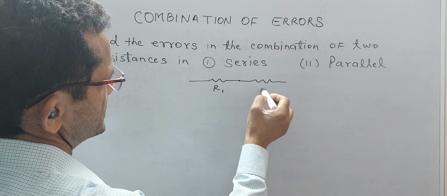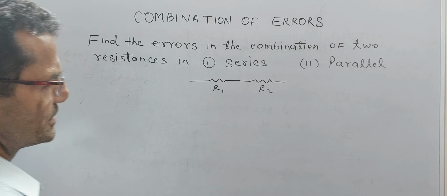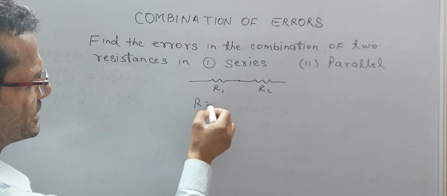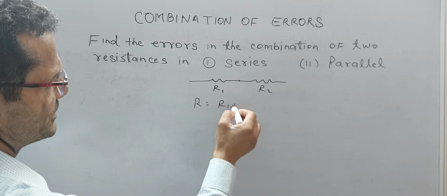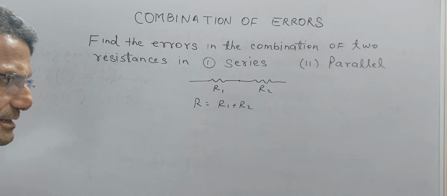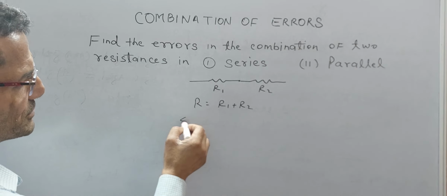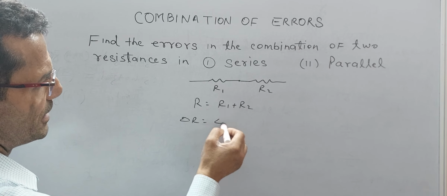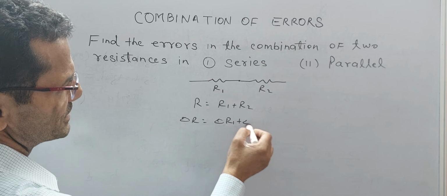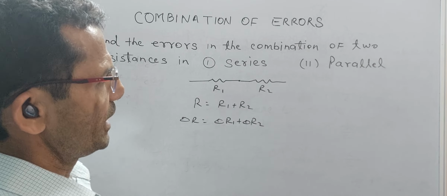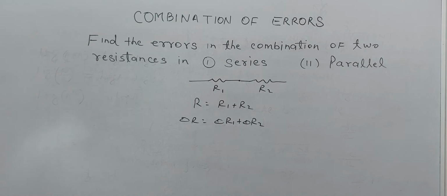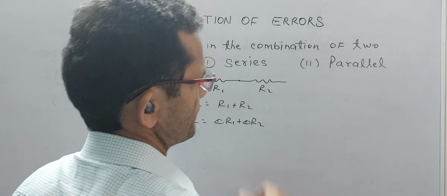They are connected in series. Now their resultant will be R1 plus R2. We already know the errors in the sum of two quantities. These are the two quantities. So the absolute error in R will be the absolute error in R1 plus the absolute error in R2. And now what will be the error in parallel?